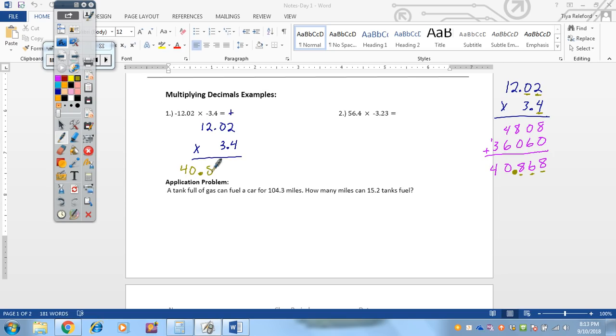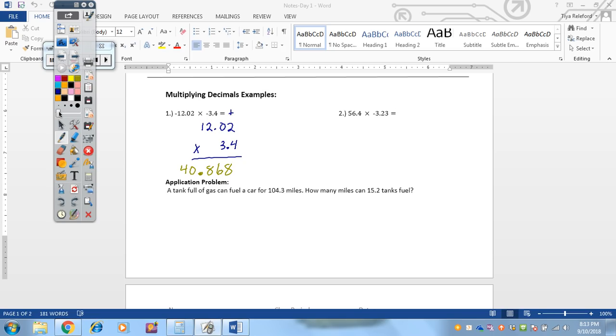Make sure that is a big fat decimal on your paper. I need to see it. If you have trouble multiplying, you need to get some help. It won't take long. We got to get you straightened out. That's important.